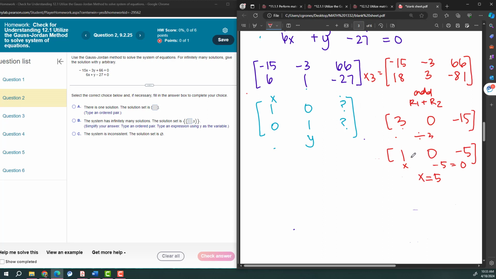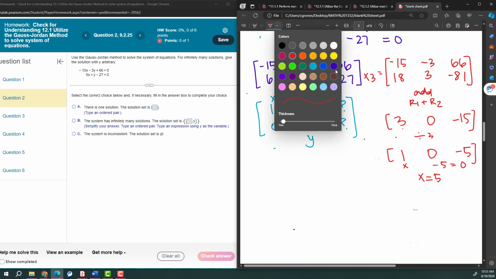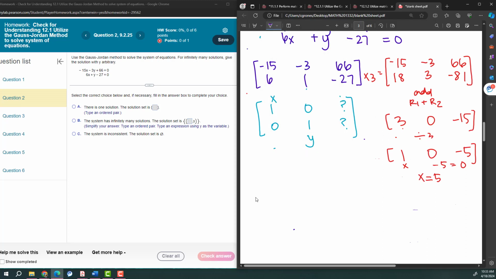Now we need to find our second row. So when we are manipulating for the second row, I'm going to use our new row 1, and we'll use the original row 2. So 6, 1, negative 27. And so we have a 1 here. We just need to get a 0 to where the 6 is. So I'm going to manipulate our first row.